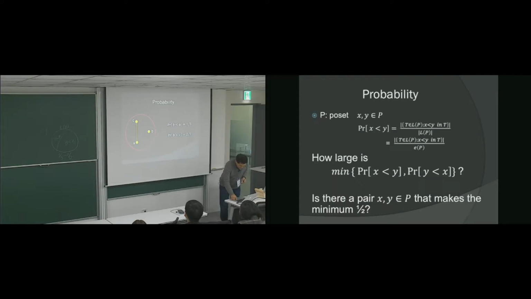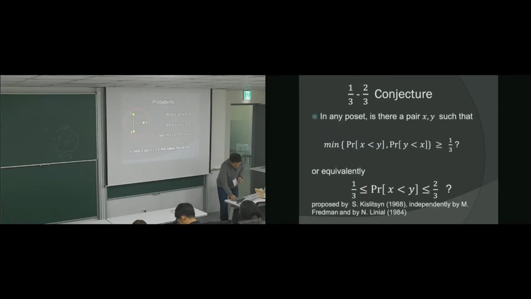So the next question is, even if it's not half, then it should be a third. So there is the 1/3, 2/3 conjecture. For any partially ordered set, can you find a pair so that this minimum is always bigger than or equal to 1/3?